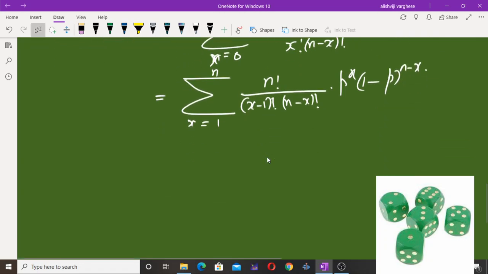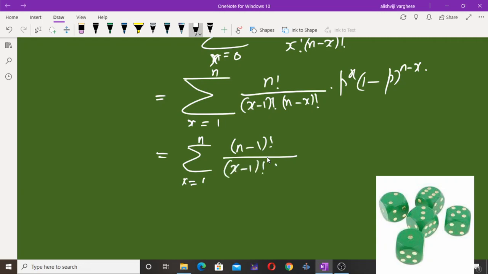Now one more step, this is equal to summation x varies from 1 to n. I take an n outside from the numerator so that it becomes n minus 1 factorial divided by x minus 1 factorial into n minus x factorial, and also take a p outside so that this term is p raised to x minus 1, 1 minus p raised to n minus x.